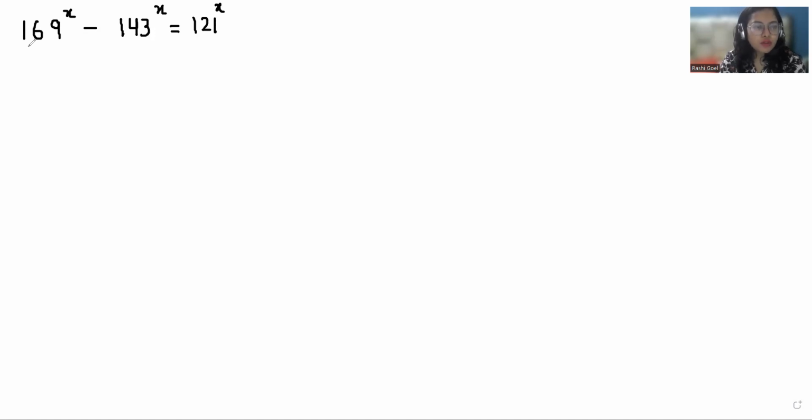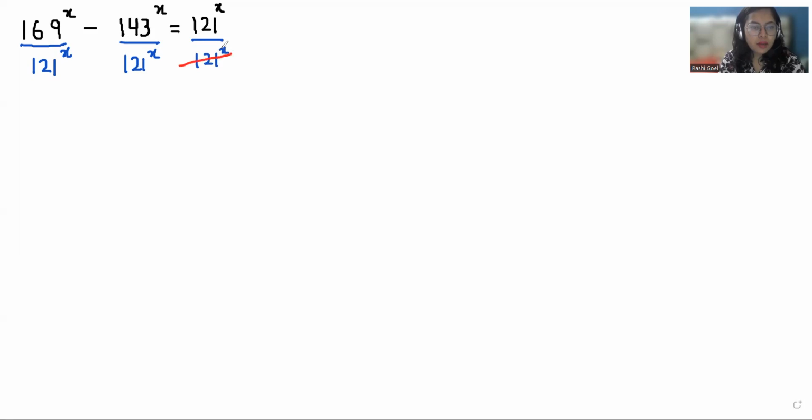So first I'm going to take all the terms together. So I'm going to divide by 121^x on both sides. So 121^x divided by 121^x.